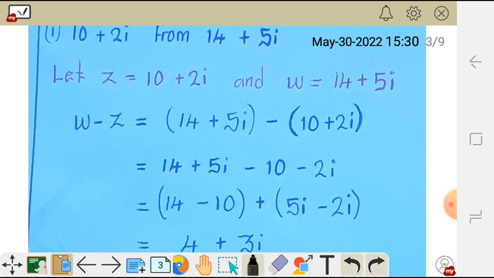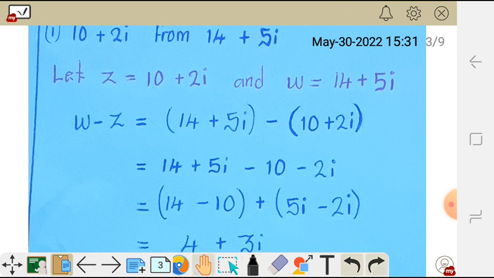After that, we group the real part with the real part and the imaginary part with the imaginary part. So we're going to have 14 minus 10, and then 5i minus 2i.